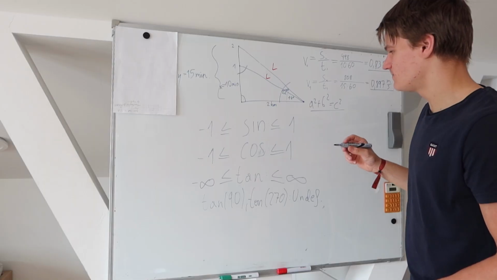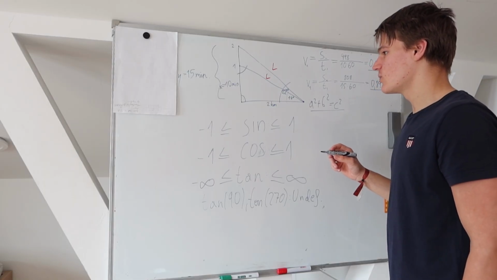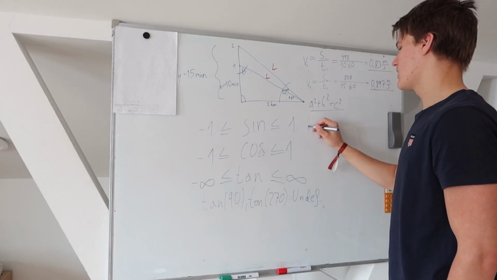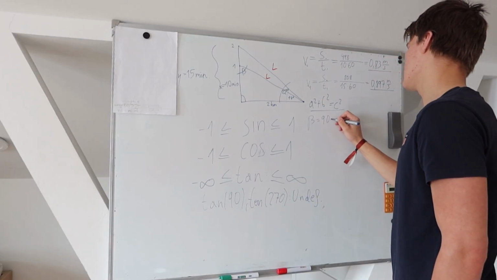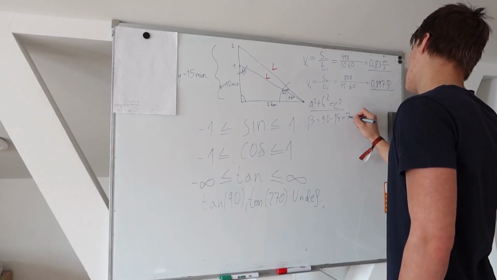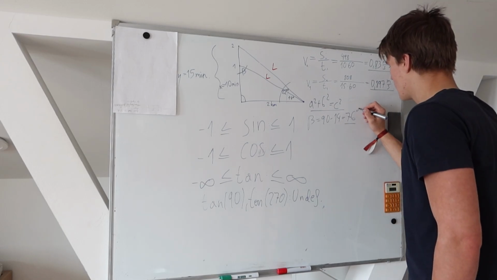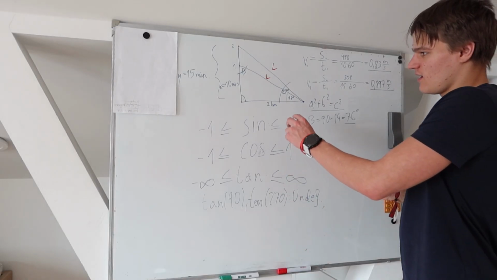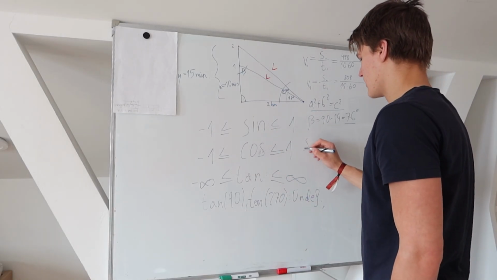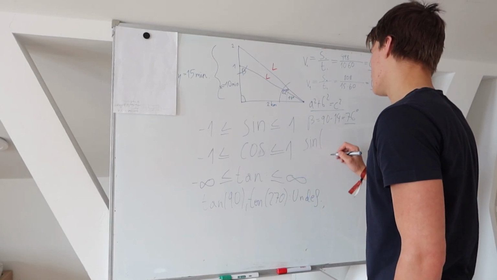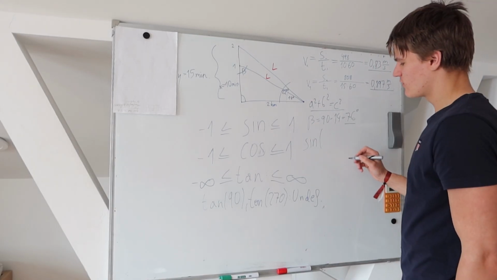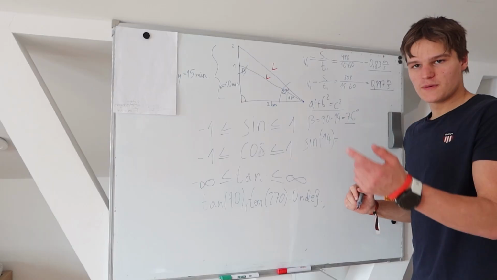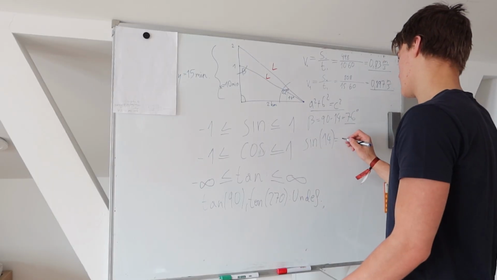So let's just call this beta. Beta is 90 minus 14, which is the same as 76 degrees. Now let's do this with sine, practice for you guys. Sine of this angle of 14 degrees is what? Opposite side divided by longest side. Remember that, it's very important.